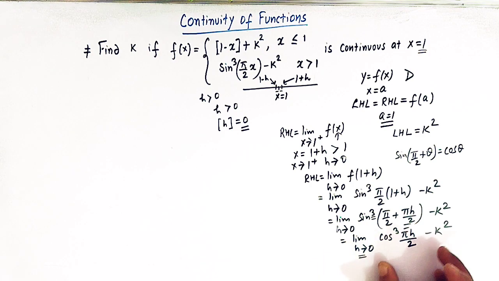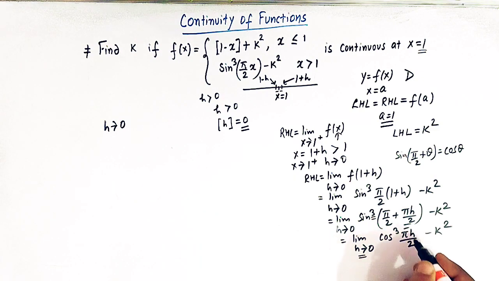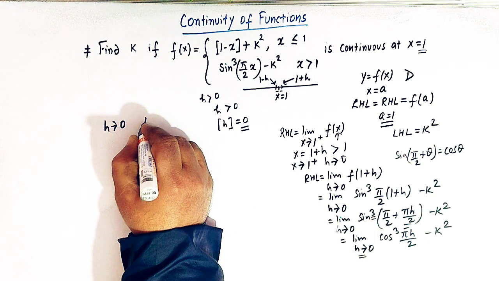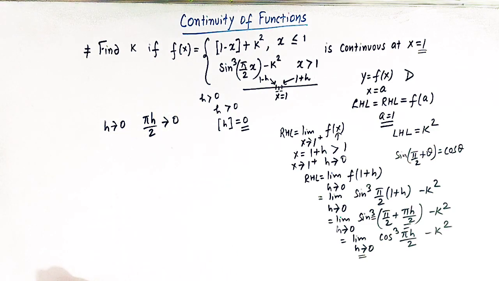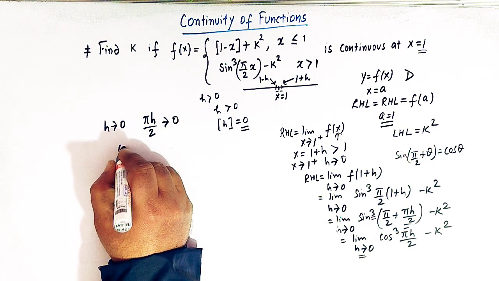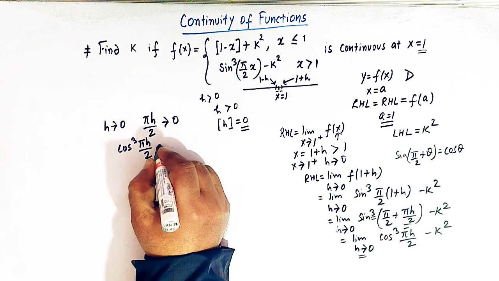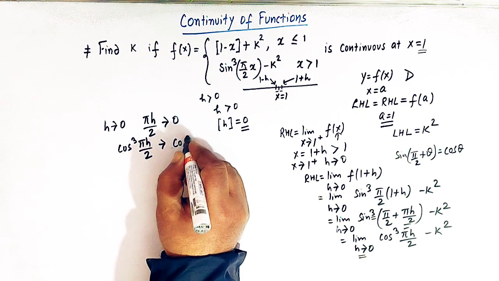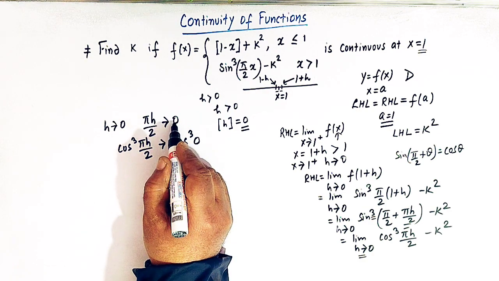So now we have to calculate this limit and see when h tends to 0, then this term, that is pi h over 2, tends to 0, right? So cos cube pi h over 2 tends to cos cube of 0, because pi h over 2 tends to 0.